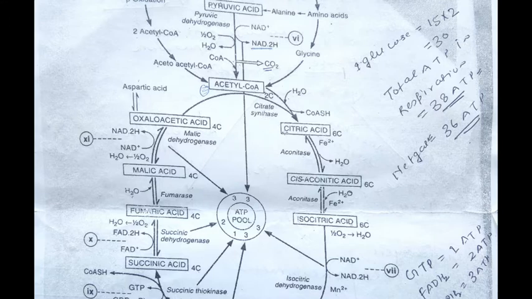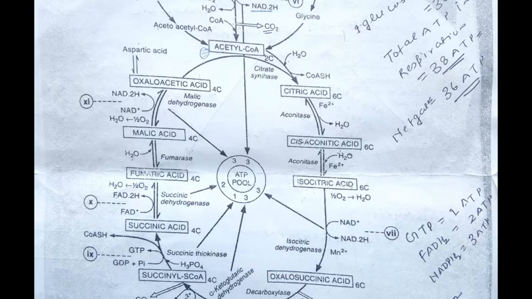Next, citric acid is converted into cis-aconitic acid by using the enzyme aconitase. Now, cis-aconitic acid is converted into isocitric acid by using the enzyme aconitase. Here, a water molecule is used and in this step, a water molecule is removed. So it's a 6 carbon compound.